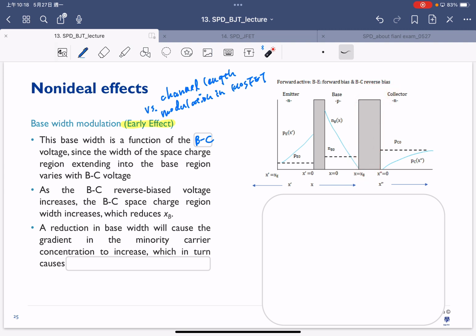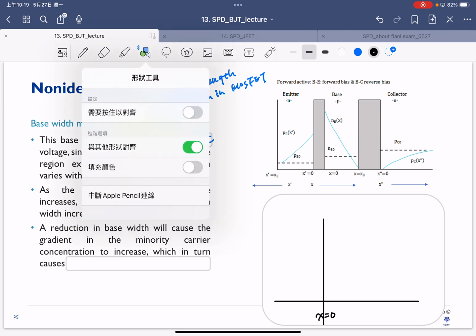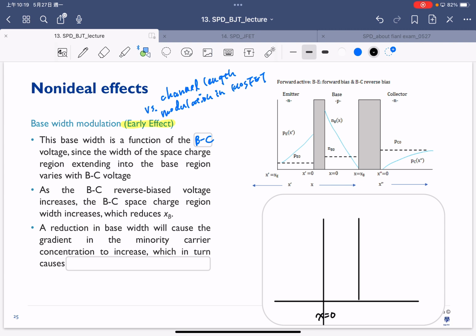If you try to plot the graph as shown here, and this is the place x equals 0, now if you increase your BC reverse bias, in the beginning your depletion width might be here, but as your BC reverse bias increases, your depletion width becomes larger and larger.